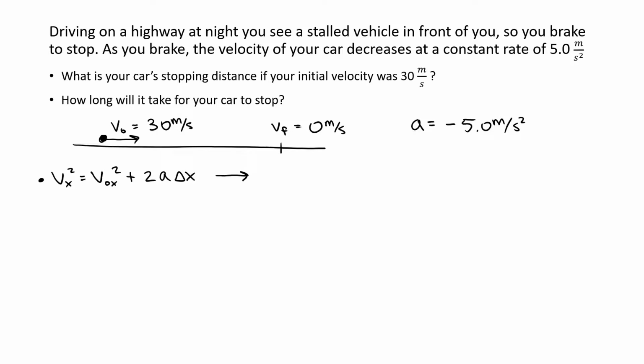What I mean by that is I'm just going to have the displacement on one side and all the other terms on the other side. Okay, so if I want to put everything else on one side, we could say this is vx squared minus x squared.